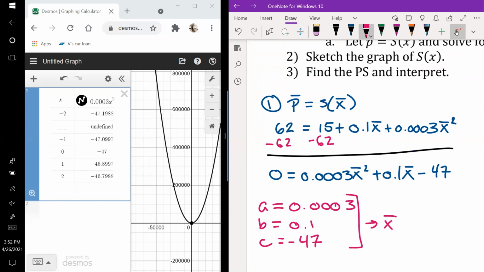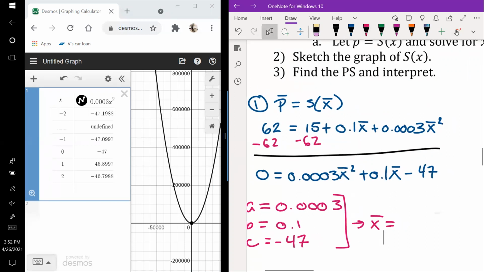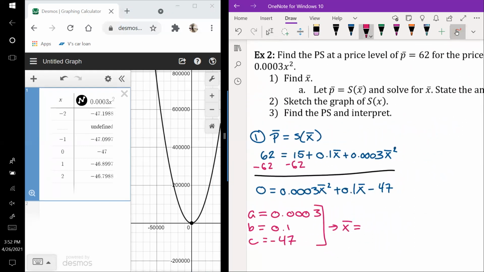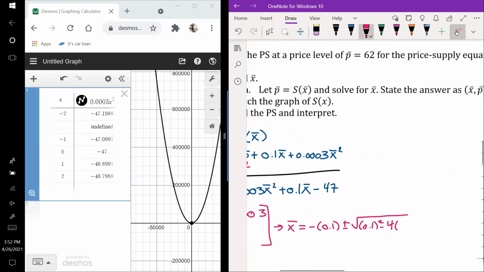We're going to say X bar is equal to -B, so -0.1 plus or minus the square root of B squared minus 4 times A, which is 0.0003, times C, which is -47, all over 2 times A, which is 0.0003.